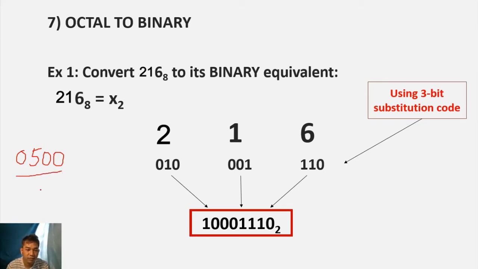It would not change its value. Pero, pag mag-add ka dito sa rightmost part, magiging 5,000 na siya. So, that would change its value, 5,000 from 500. So, that is why, kahit marami kang 0 doon sa leftmost part, hindi pa rin siya mag-change ng value, no? So, we can actually crash this out.